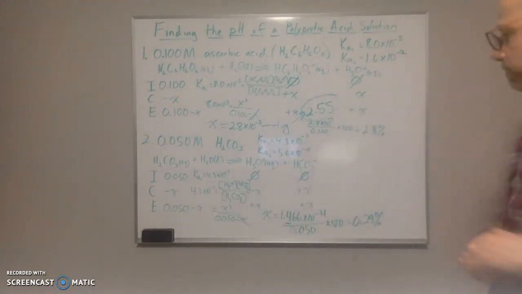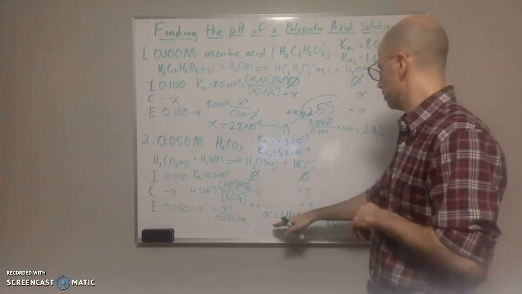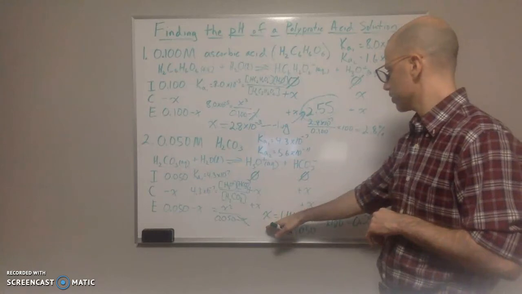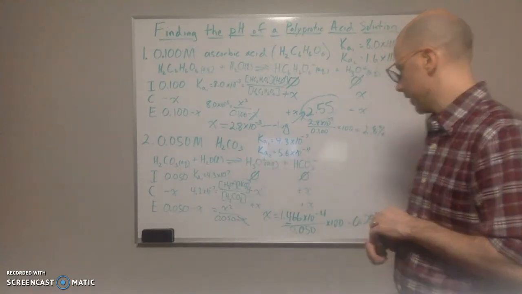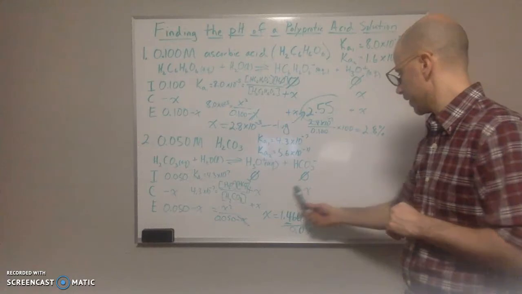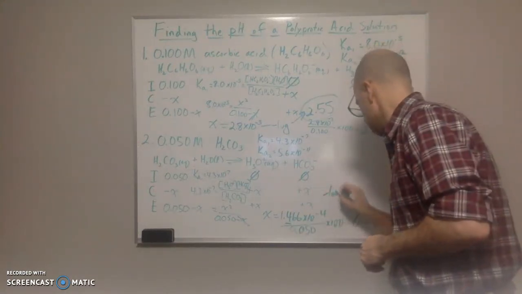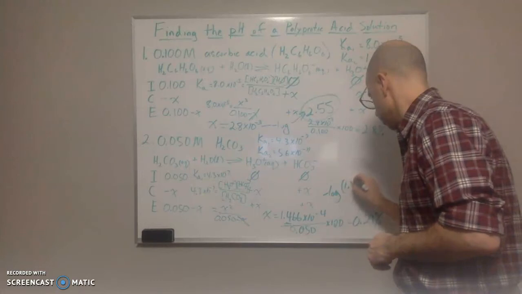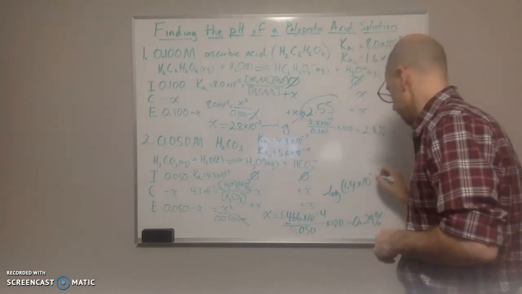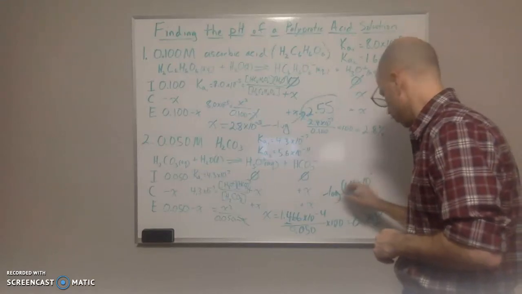So now we have x is equal to this, and x is also our hydronium ion concentration. So all we need to do is take the negative log of this. So the negative log of 1.466 times 10 to the negative 4.